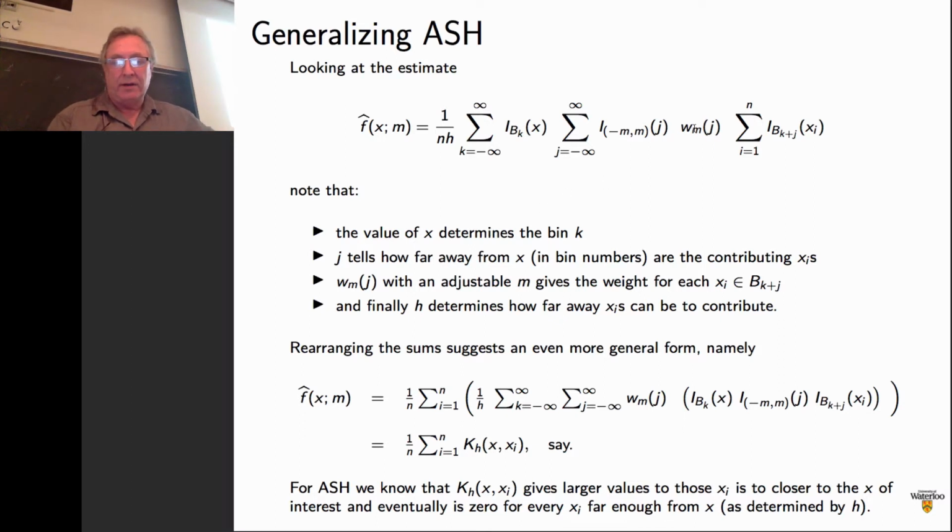And this weight here has an adjustable m that tells you how fine this is, and gives you the weight for each xi in the bins. And finally, that h, that original bin width, is telling you how far away you're actually going to look for contributions to the particular x you're interested in. So you can see that happening here, although it's kind of complicated.